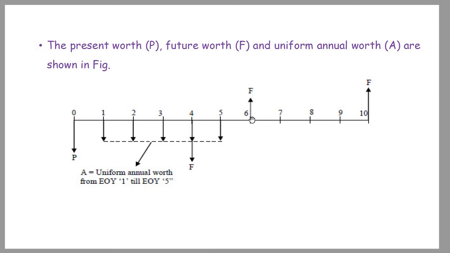At the 6th year I am getting a certain amount of money from the bank, and at the 10th year I have got a certain amount of money, and A, as I said, is the uniform annual worth money. This is how, from the cash flow diagram, we can represent the amounts which are generated.